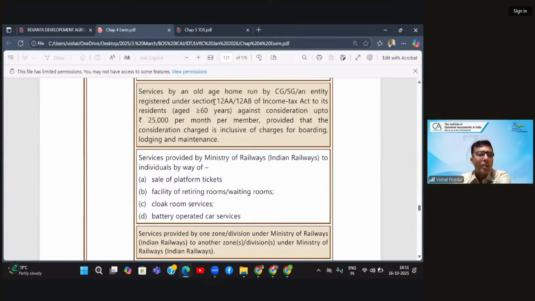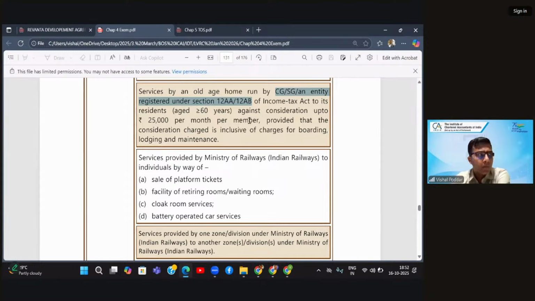Then this one is important, where the government is running an old age home. And here again, another entity is covered, that is the charitable entities who are registered under section 12AA or AB of the Income Tax Act. If they are running an old age home where the persons who are resident aged 60 years or above, so this is the senior citizen definition of Income Tax Act, and the amount charged by these entities is not exceeding 25,000 per month per person.